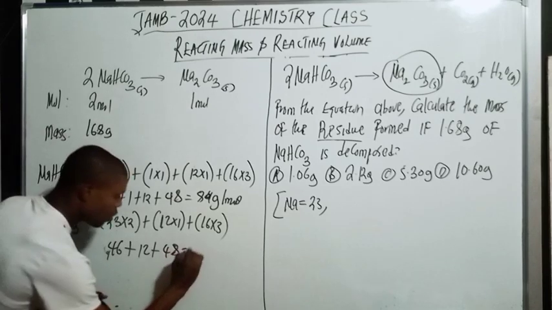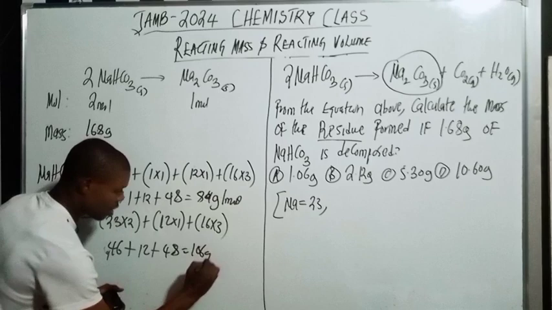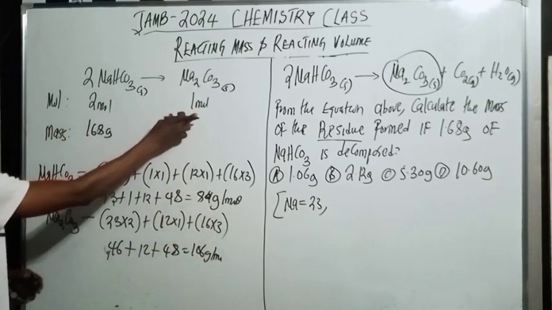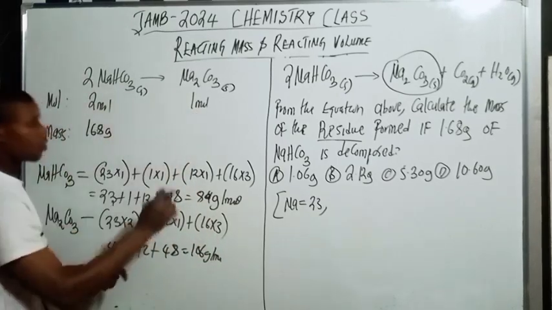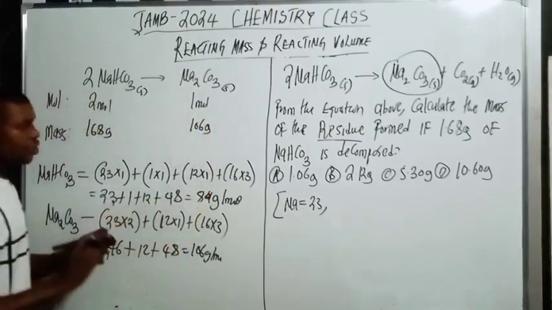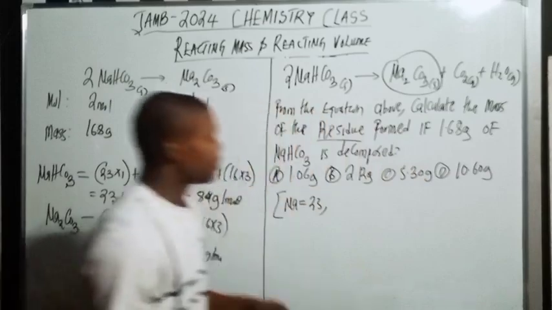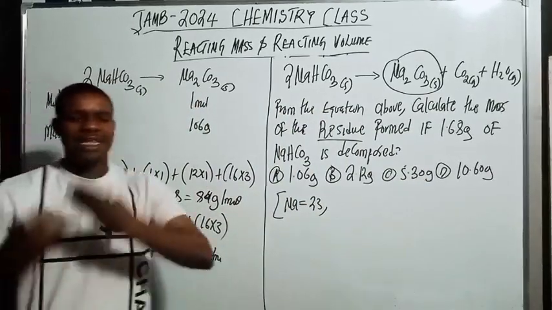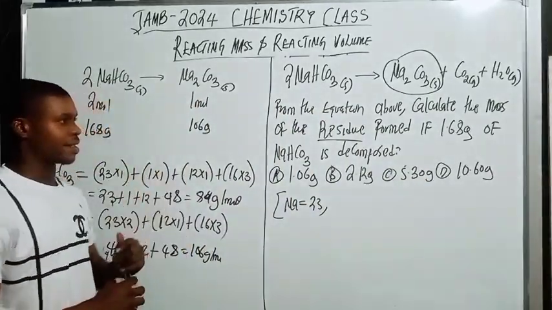Here we have 106 gram per mole. How many moles do you have here? We have 1 mole. So it's going to be 1 times 106. Here we have 106 gram.